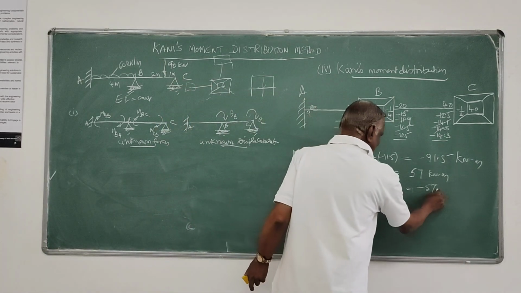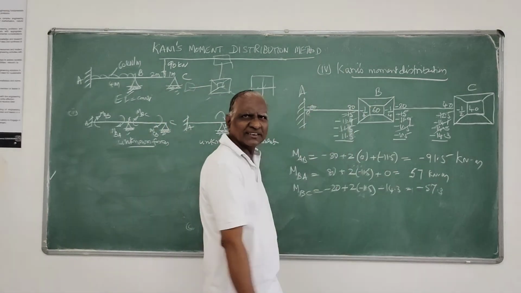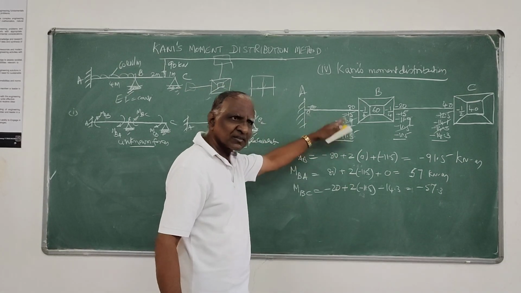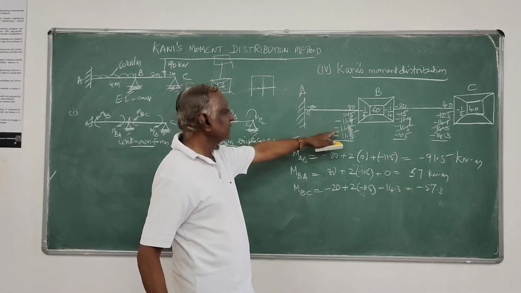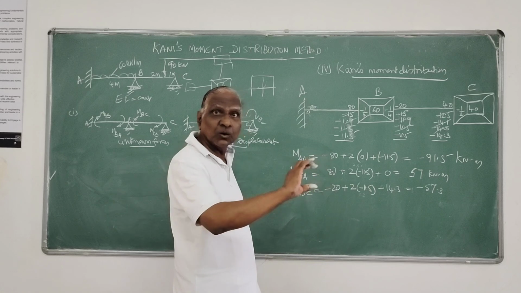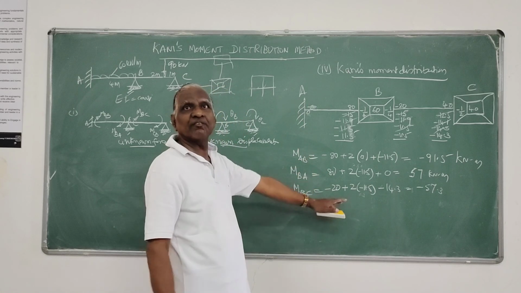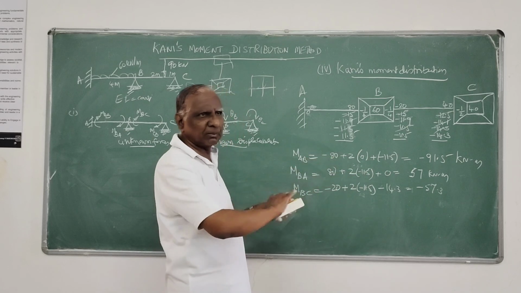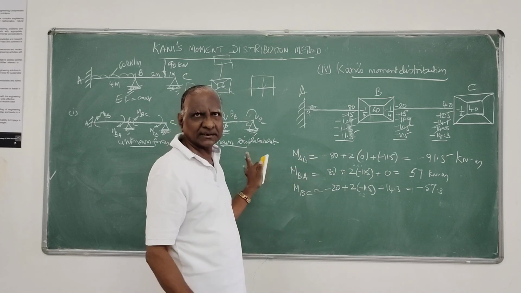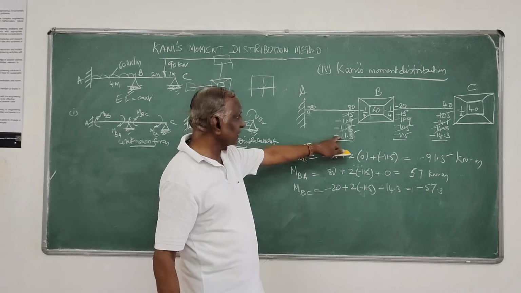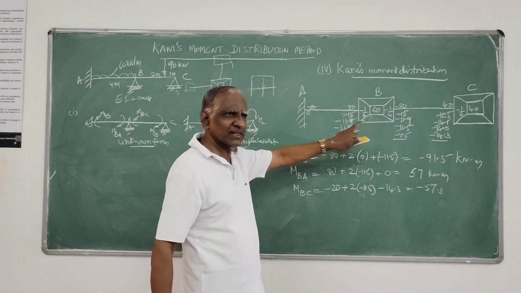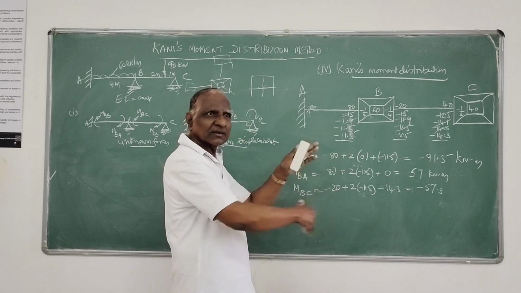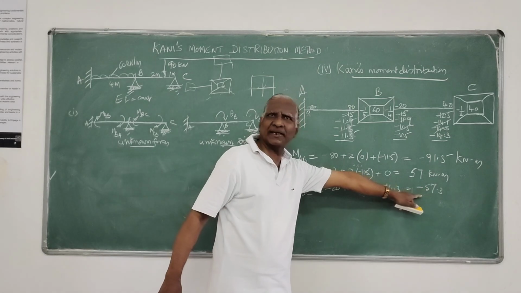So there is some small variation. Of course, if you do some more cycles, or if you calculate correct to 4 decimals, definitely you will come across matching values up to 4 decimal places. This also has to be worked out for 4 decimals. I am rounding it off. Because of the rounding off error, I am getting this.